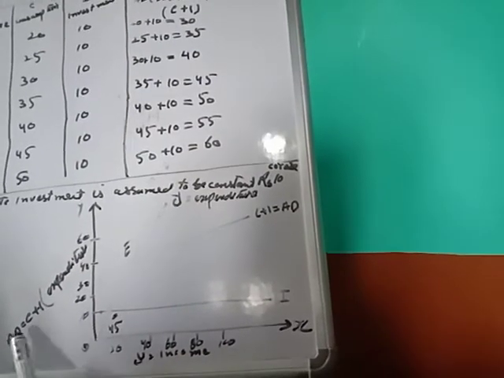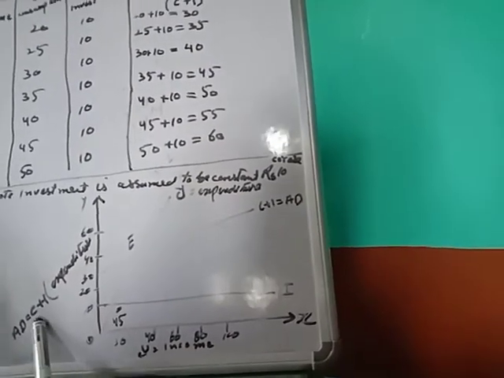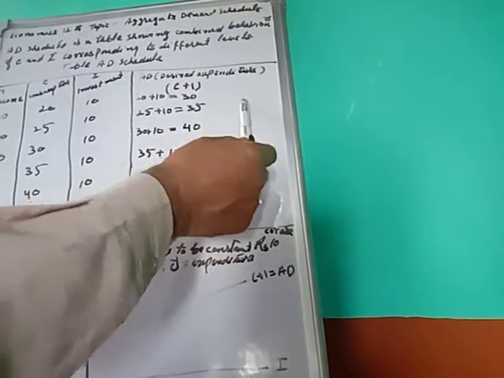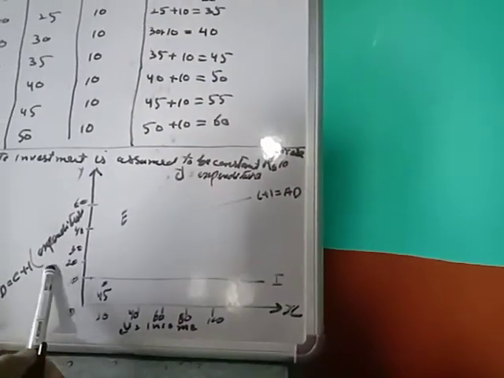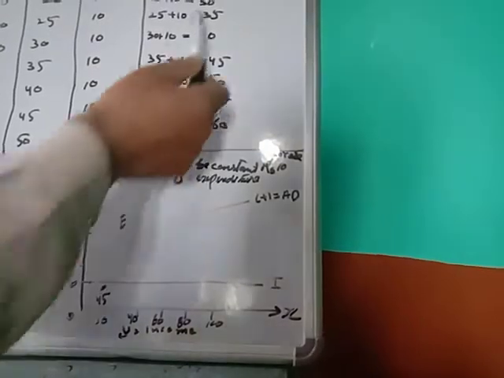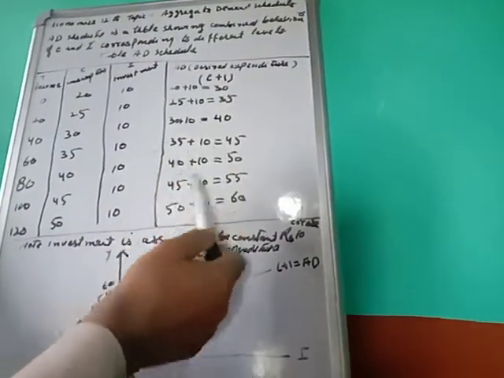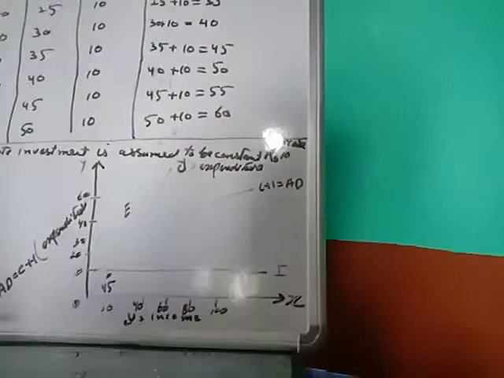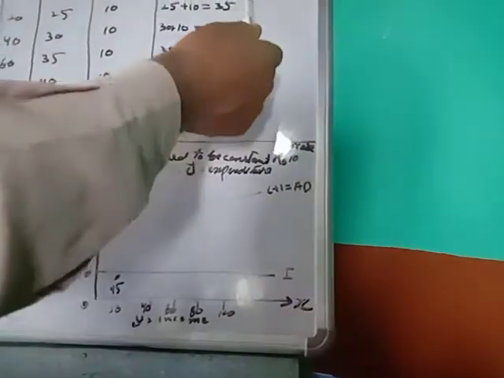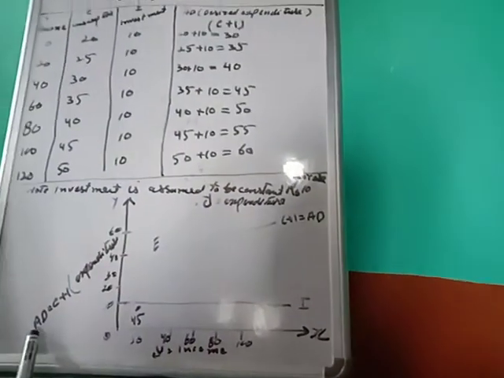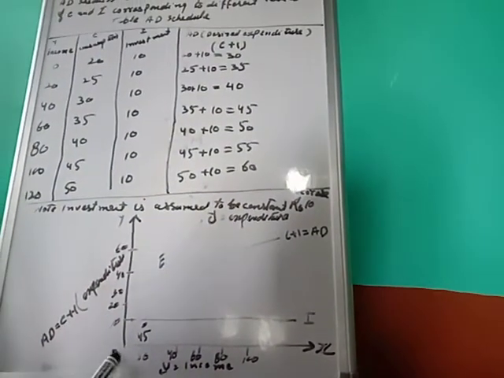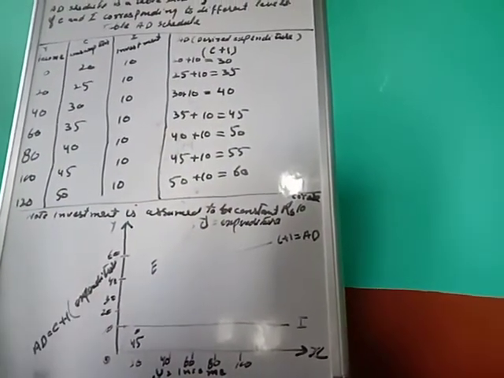On the OY axis we have taken AD, that is C plus I: 30, 35, 40, 45, 50, 55, 60.